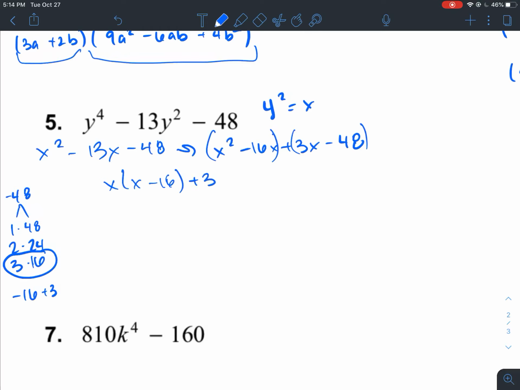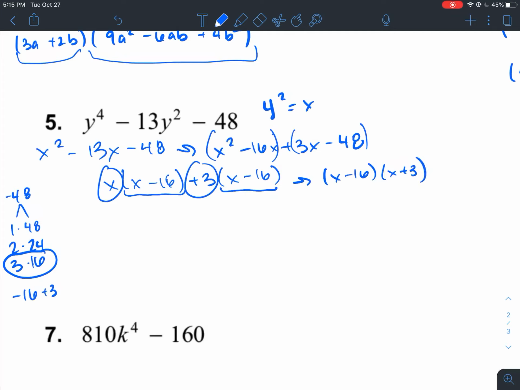So I'm going to do plus 3, and that means this is going to be x minus 16. So now we have two terms, and they each have a common binomial factor of x minus 16. So I can factor that out. So I have x minus 16, and left behind is the x and the positive 3. So x plus 3.